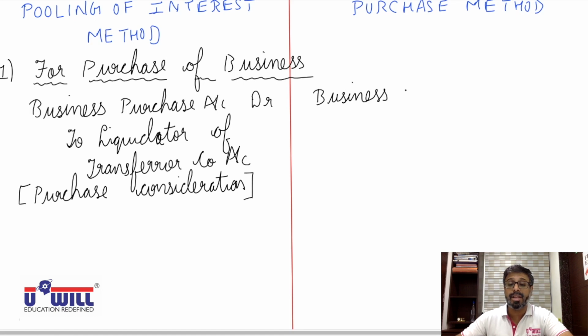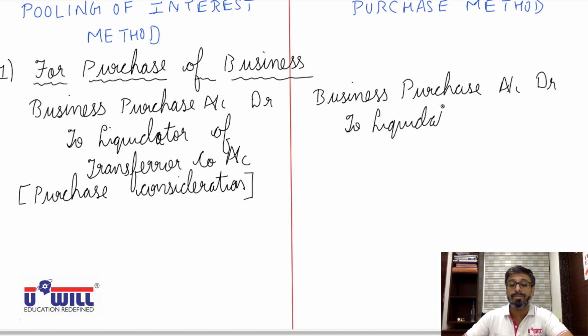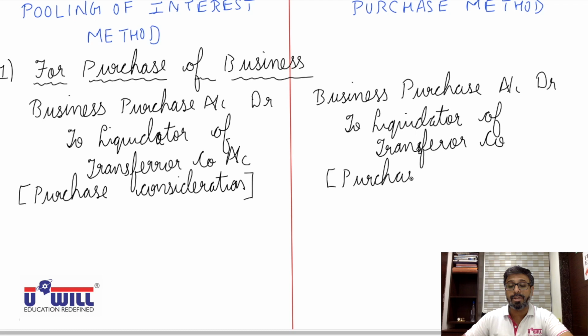Business purchase account debit to liquidator of transferor company account. The entry in both methods of accounting will remain the same, again with the amount of purchase consideration.